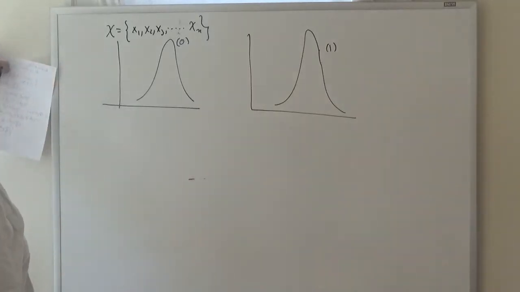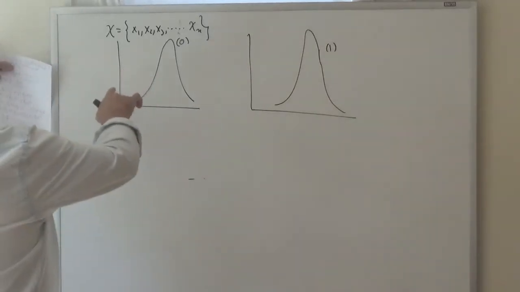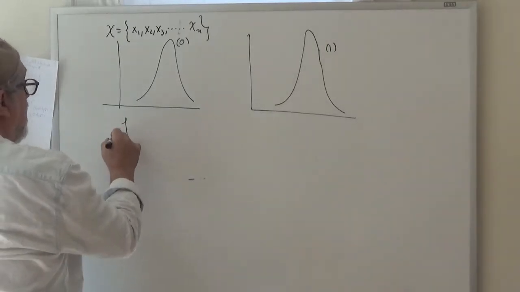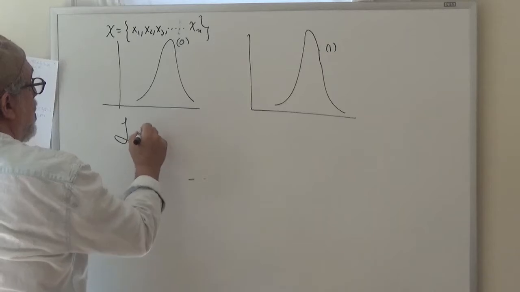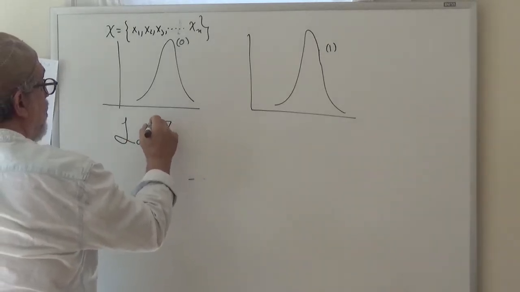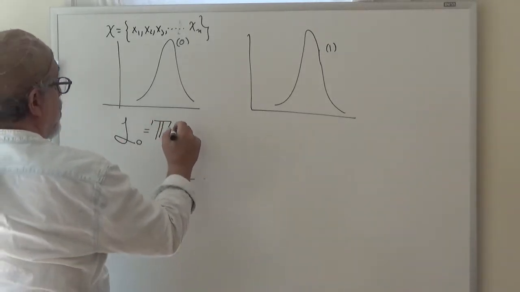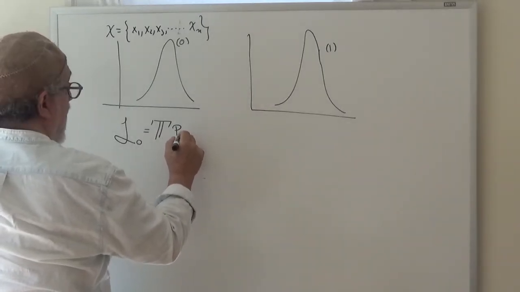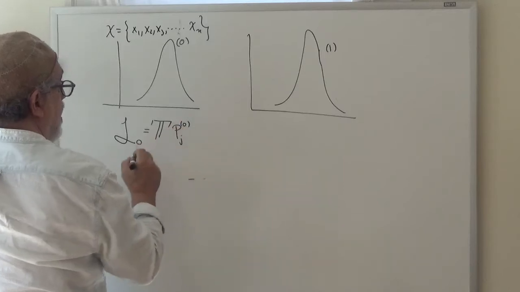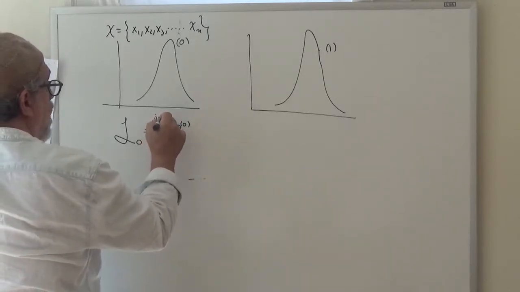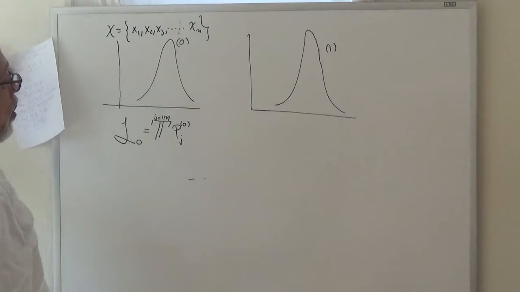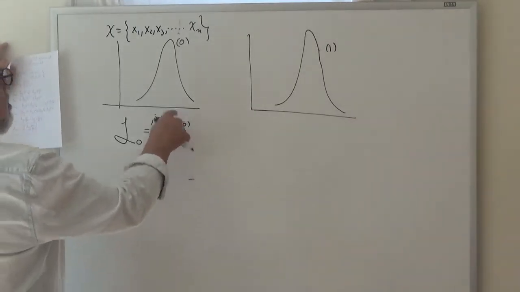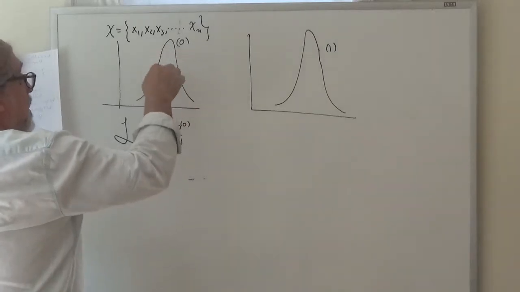Now if we calculate the likelihood of this data in the distribution 0, it is the product of all the probability distribution entries, p0 of xj, from j equals 1 to n. So the likelihood is the product of the PDF entries.